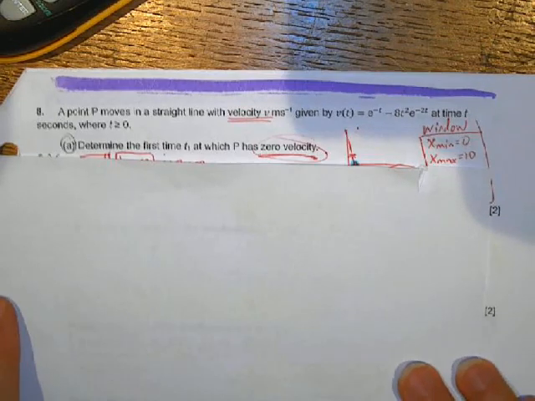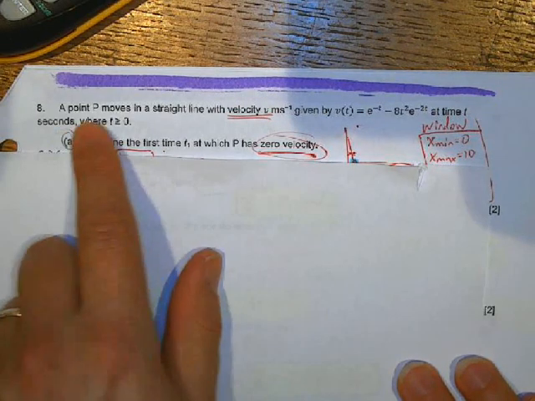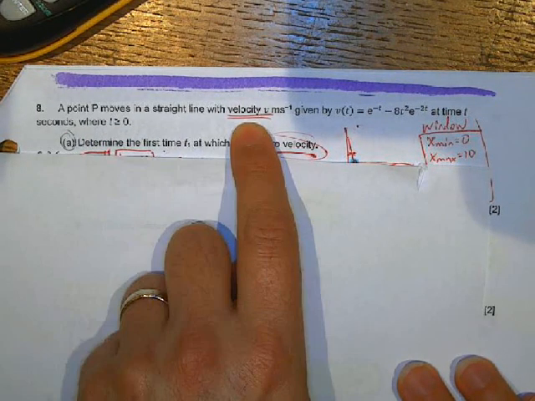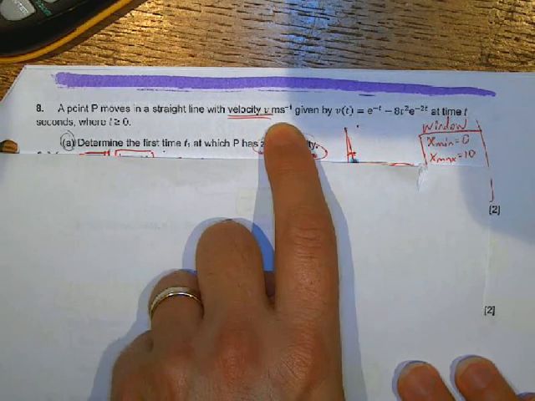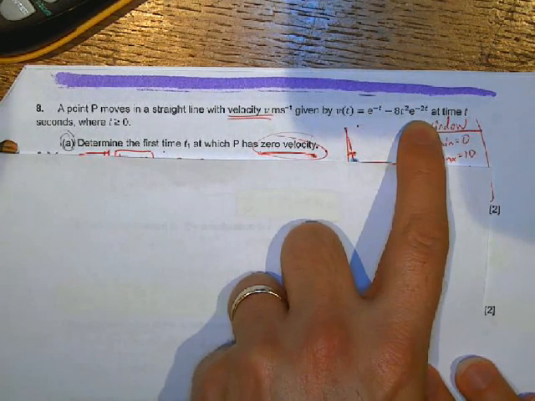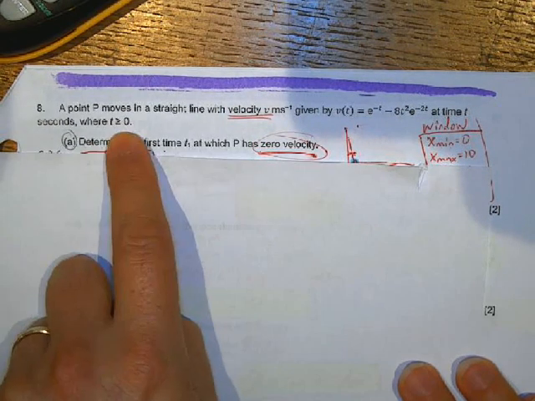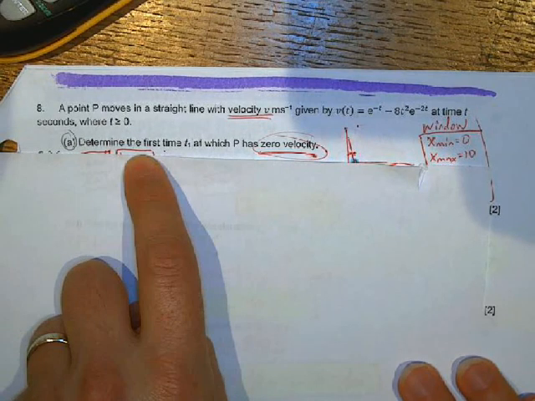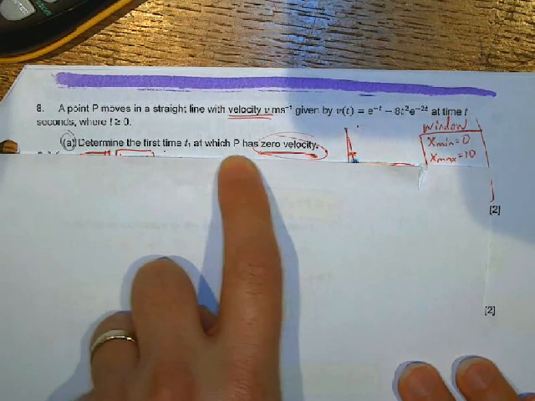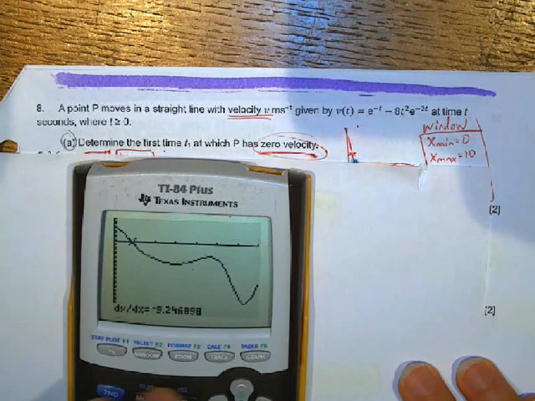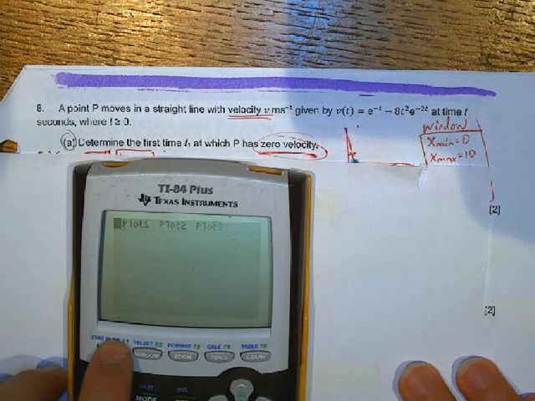Question 8. A point P moves in a straight line with velocity, and here's the equation of the velocity at time t, where t is greater than 0. Determine the first time that the velocity is 0. Okay, so let's type in this equation. Clear.